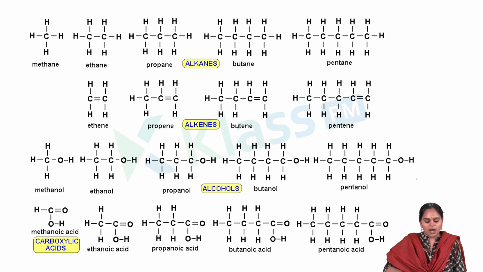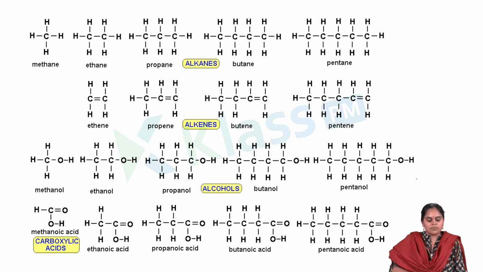See the structure of alkanes, alkenes, alcohols and carboxylic acids. Alkanes all have single bonds. This is methane, 1 carbon; ethane, 2 carbons; propane, 3 carbons; butane, 4 carbons; pentane, 5 carbons. All are filled with hydrogens. These are hydrocarbons. Coming to the alkenes, at least between two carbons, one double bond should be there.